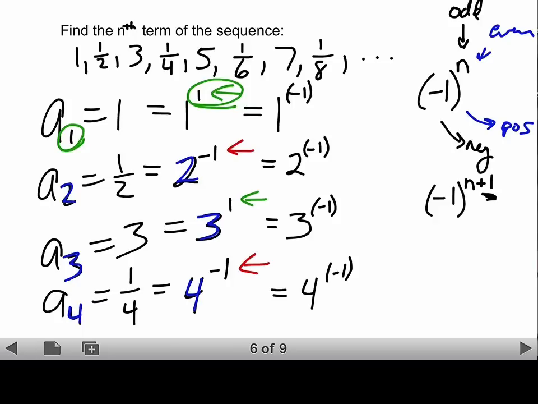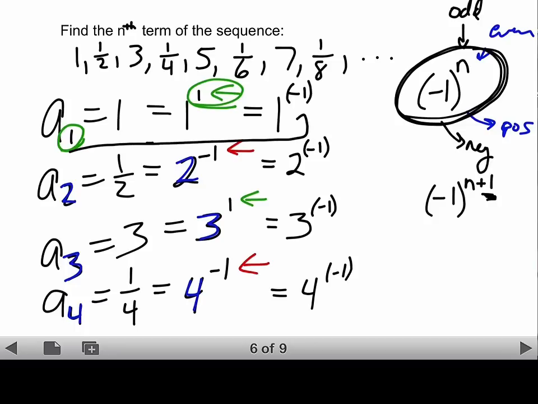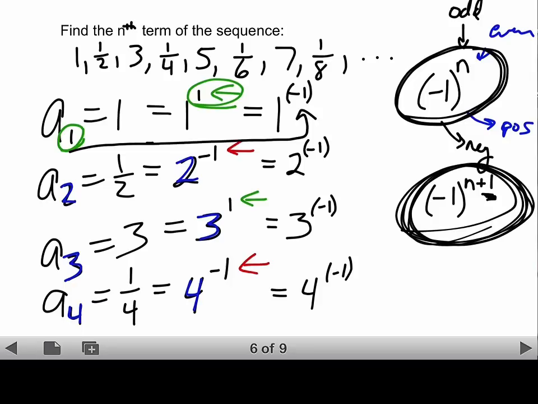And remember, negative 1 to the n is going to alternate our signs. But if I want to be offset, that is, with an odd index like a sub 1, I want a positive exponent, then I'm going to have to use n plus 1 as an exponent there.